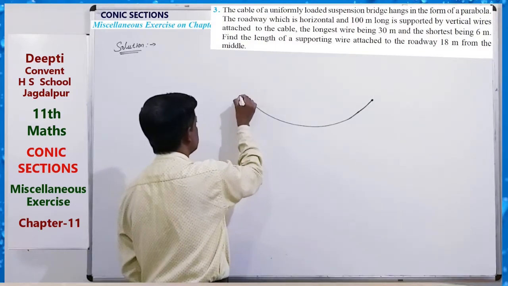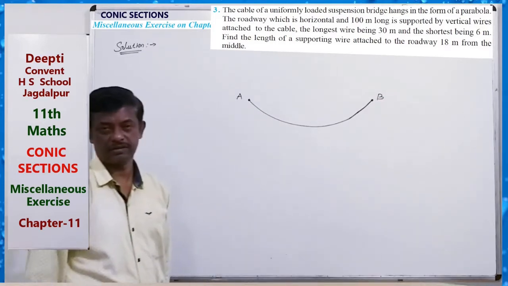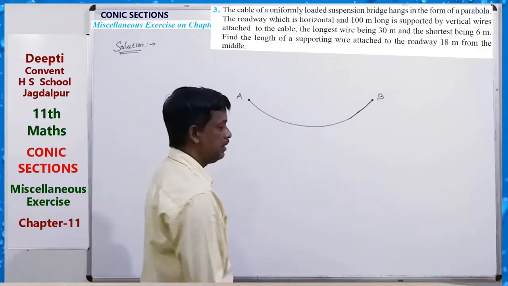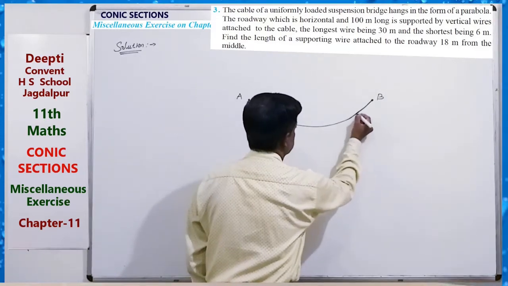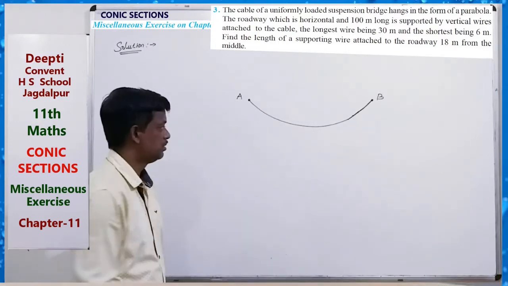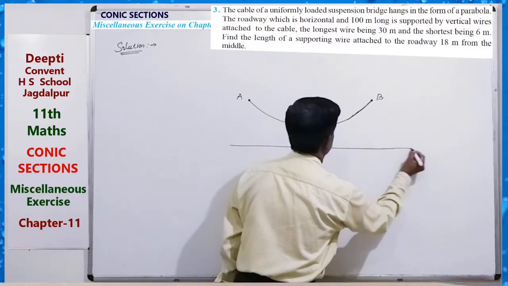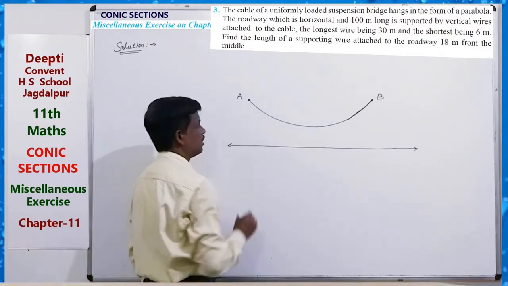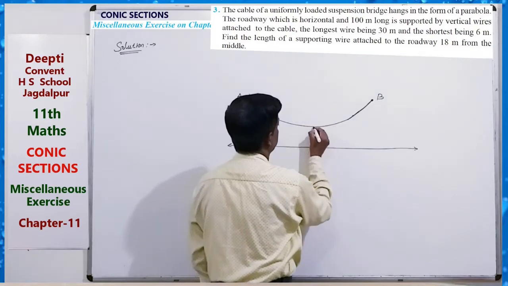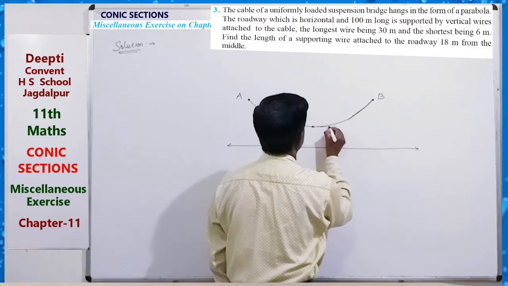Suppose AB is the hanging wire, the loaded wire hanging just like a parabola, and the supporting wire. Suppose this is the ground, then this will be the vertex position.